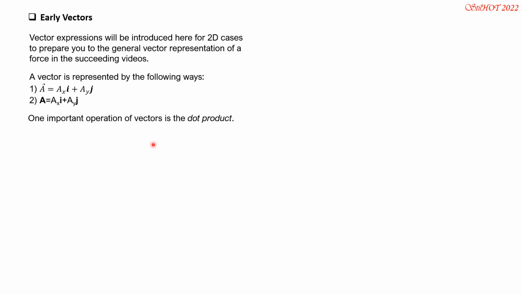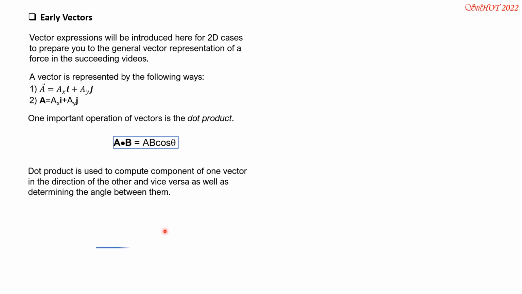One important operation of vectors is the dot product: A dot B equals magnitude of A, magnitude of B, cosine of the angle between them, theta. The applications are to determine the component of one vector in the direction of the other vector, or the component of the other vector in the direction of the first vector. And the other is to determine the angle between the two vectors. Those are the applications of the dot product.